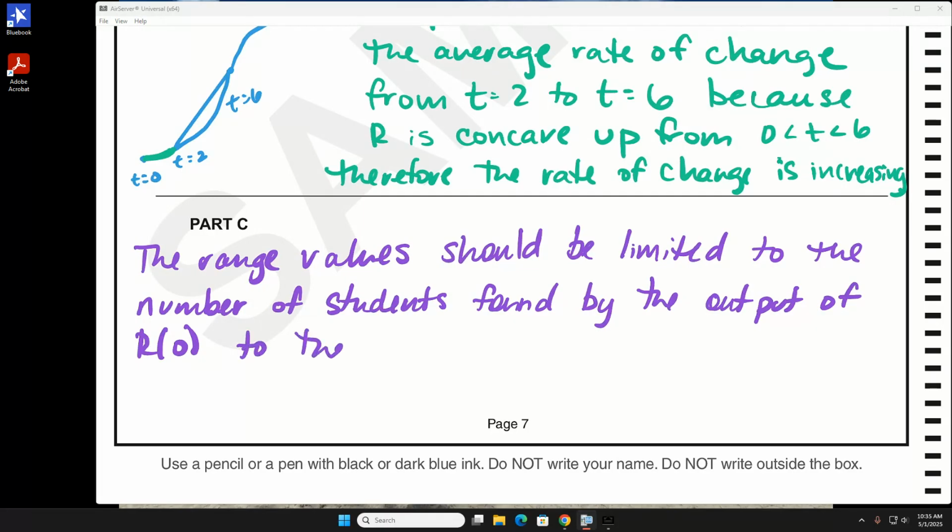To the output of, and then what would the largest be? 12. Now, like I said, they don't want you to find those outputs. We should know 0 would be 7, but we don't, it's okay. Don't waste your time doing that, because if you do it and you do it wrong, even though you knew what you were doing, then you might not get the point. All right, what questions do you guys have about FRQ 2?